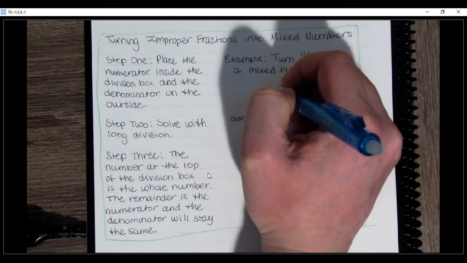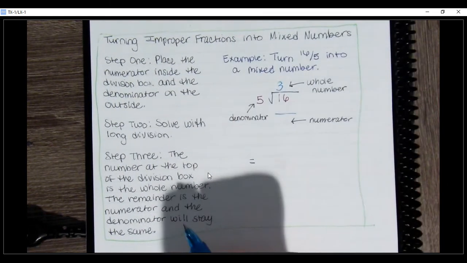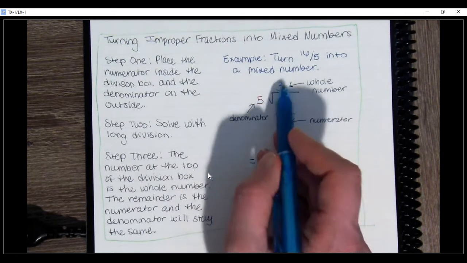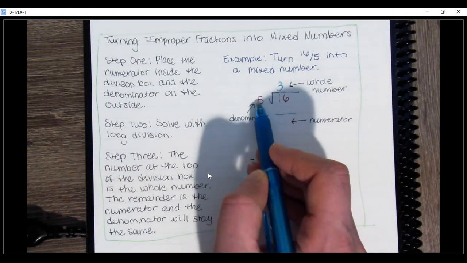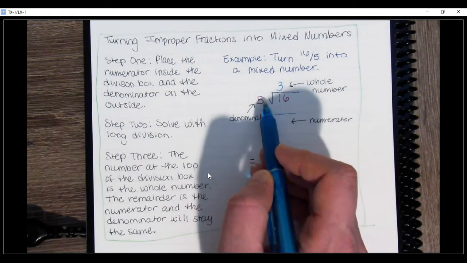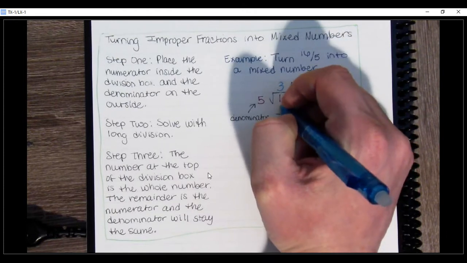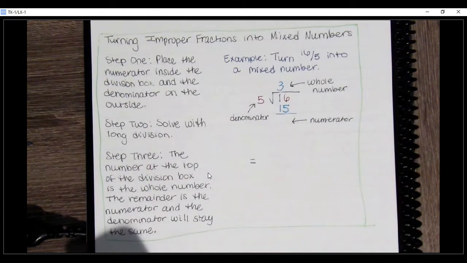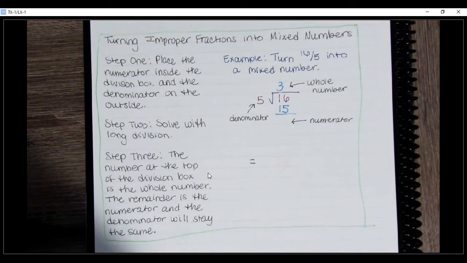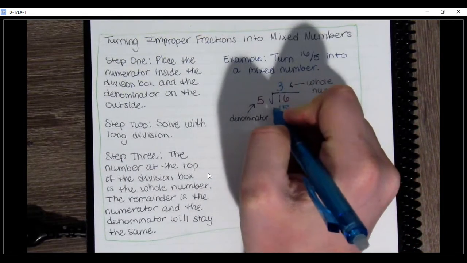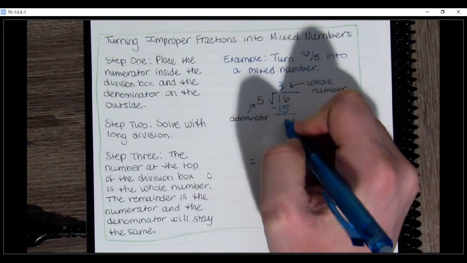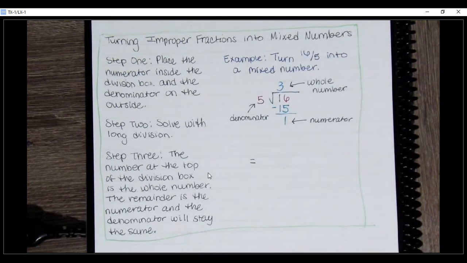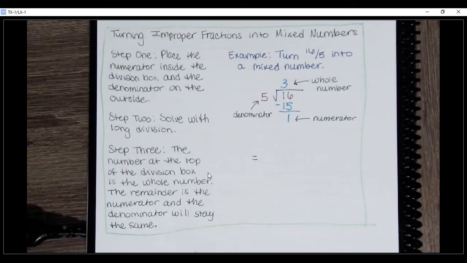So that 3 is going up above. Then I take that number, 3 times 5, and multiply them together to get the number 15. From here, I'm going to subtract these numbers and get a remainder of 1. And that's it for the actual math part.